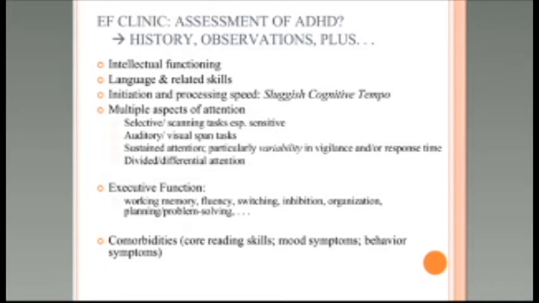We think particularly about executive function, as I mentioned. Those skills that are important for academic and vocational success, so things like working memory or being able to hold information in mind, fluency or efficiency in mind, switching between tasks, disengaging attention in order to re-engage it on another aspect of the task, inhibition or being able to inhibit automatic responses or inhibit impulsive responses in order to focus more effectively on the task at hand, organization, and particularly with regard to organizing and planning a particular approach to a novel problem.